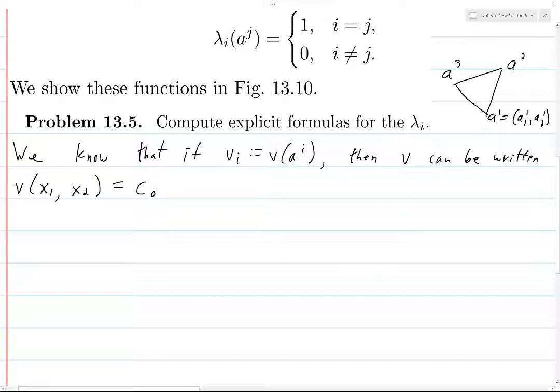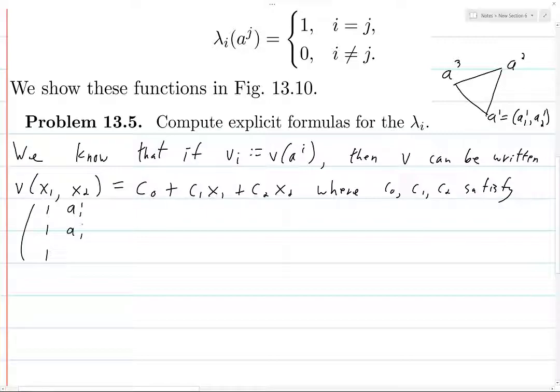So it's linear, so you have a constant term, an x1 term, and an x2 term, where C0, C1, C2 satisfy this matrix: 1, a1 1, a1 2; 1, a2 1, a2 2; 1, a3 1, a3 2.